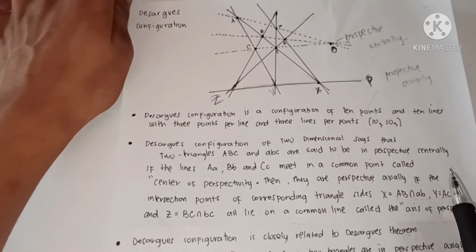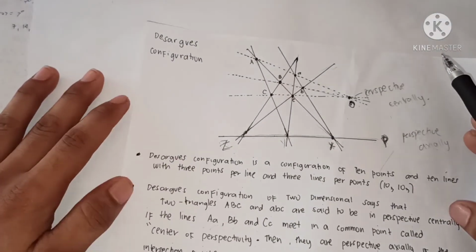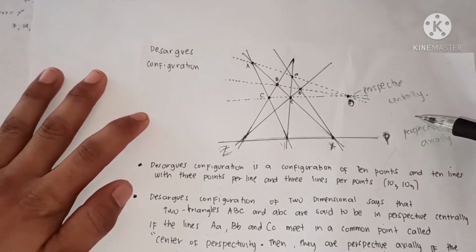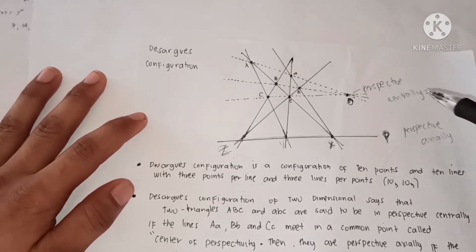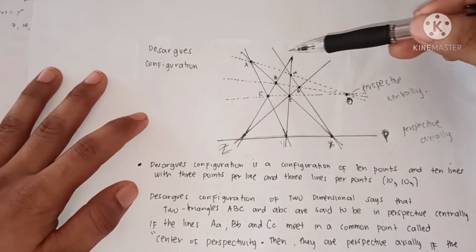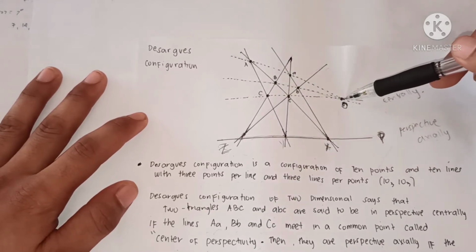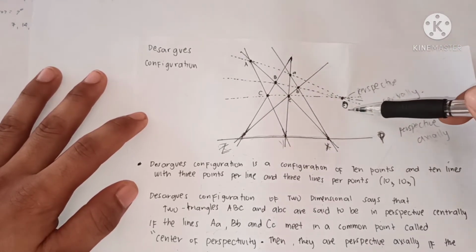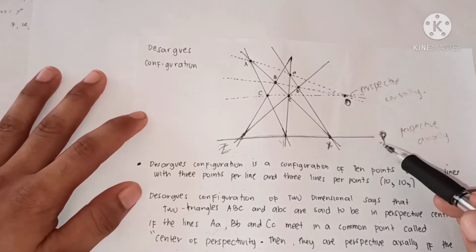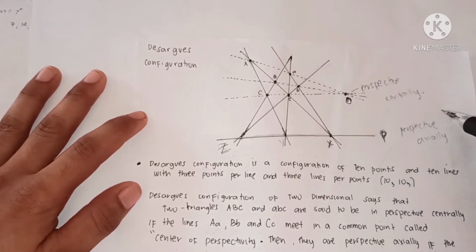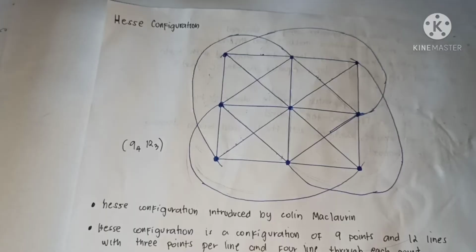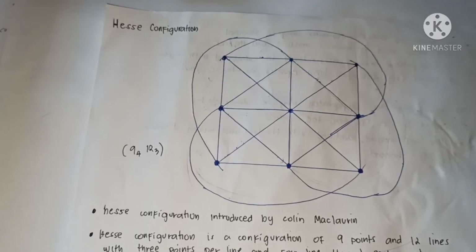Meaning this Desargues configuration is perspective centrally and perspective axially, meaning they meet in a common point, which is point O, and they meet in a common line, which is line P. Therefore, this is called self-dual. This is the last configuration that I am going to discuss.